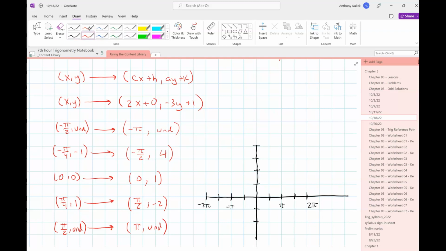So what I usually like to do is to draw in the asymptotes first. So at -pi, I'll draw in one of my asymptotes. And at +pi, I'll draw in the other asymptote. And then at -pi/2, 4, 0, 1, and +pi/2, -2.